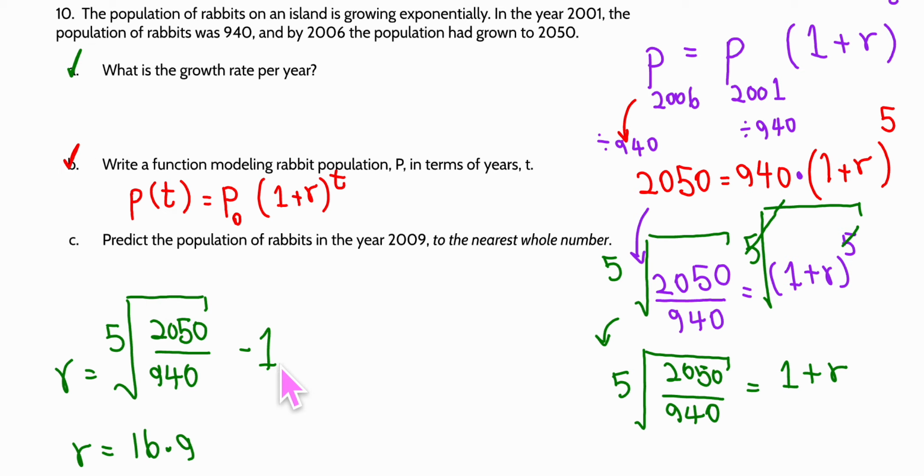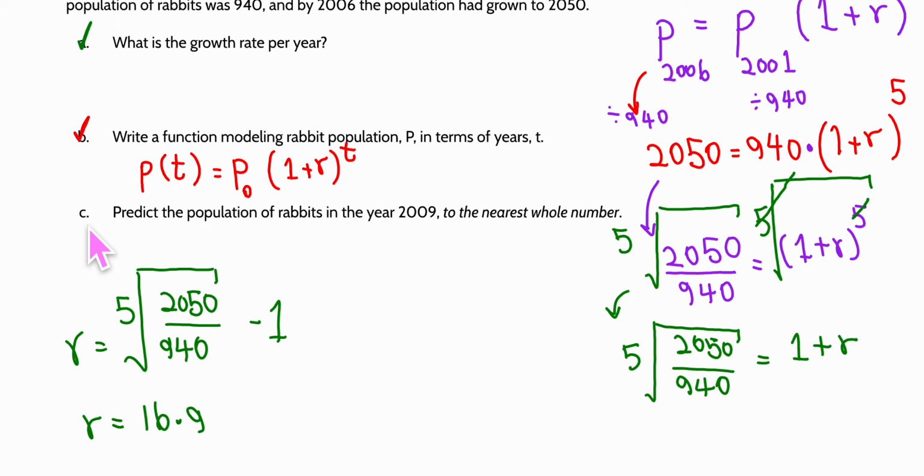That's for part B. And the very last part C asks us to predict the population of rabbits in the year 2009 to the nearest whole number. Very well. If I want to know the population in 2009, I have to have a starting point. So I can basically measure how much time has passed by, and based on how many years have passed by, how much the population has increased.